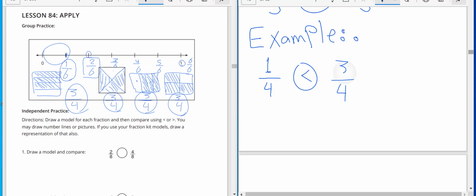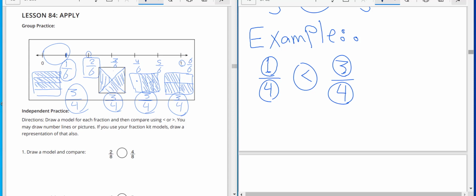Why? Because the denominator is the same number and the numerator 3 is more than the numerator 1. So 1/4 is less than 3/4.